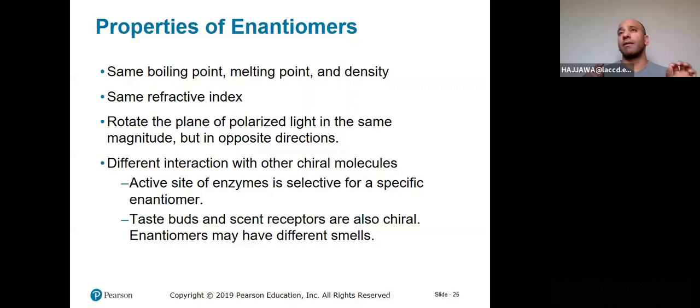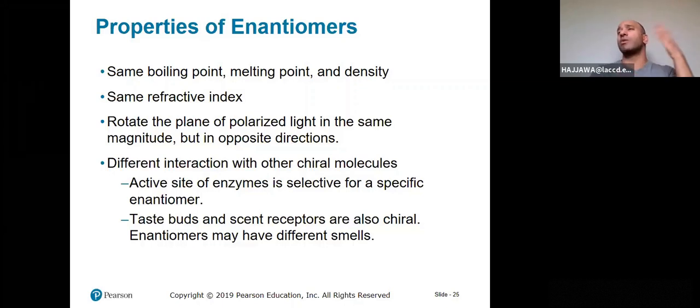Those enantiomers will not rotate the plane polarized light in the same direction. They will always rotate the plane polarized light opposite to each other. So that's what they are different in all the time. They are always similar in terms of physical properties and even chemical properties, but they are different when it comes to rotating plane polarized light.